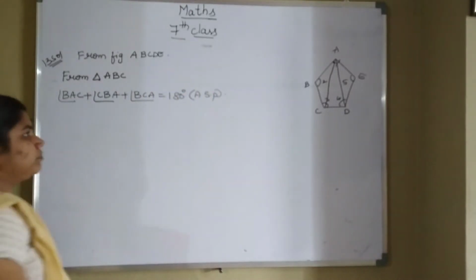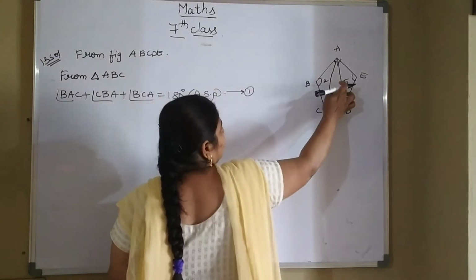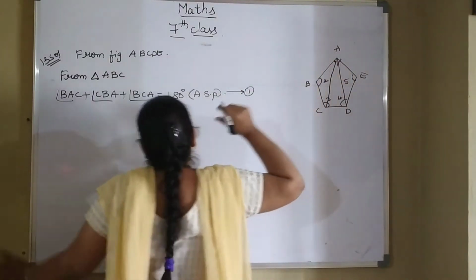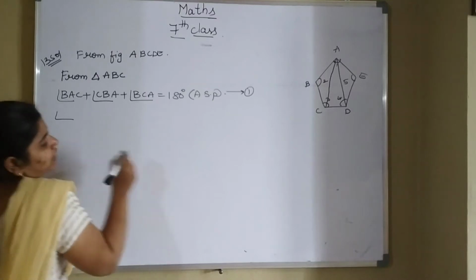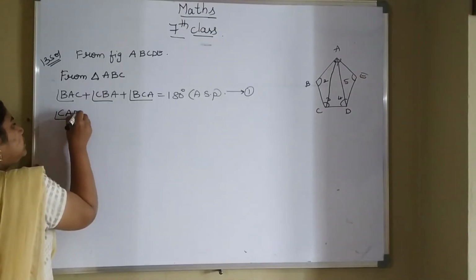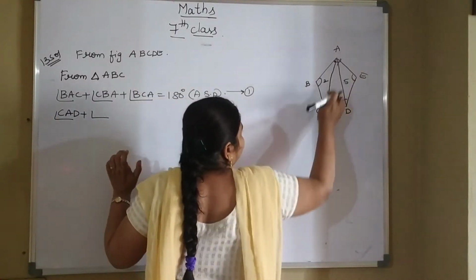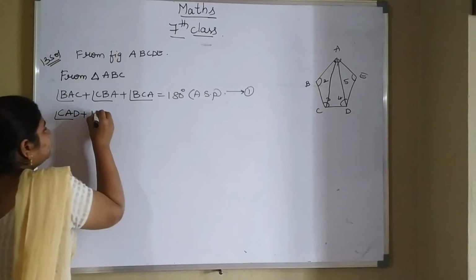Okay. Next, I am taking this triangle now. Angle A, how can I write? That is CAD I can write, plus angle C, how can I write? ACD I can write.